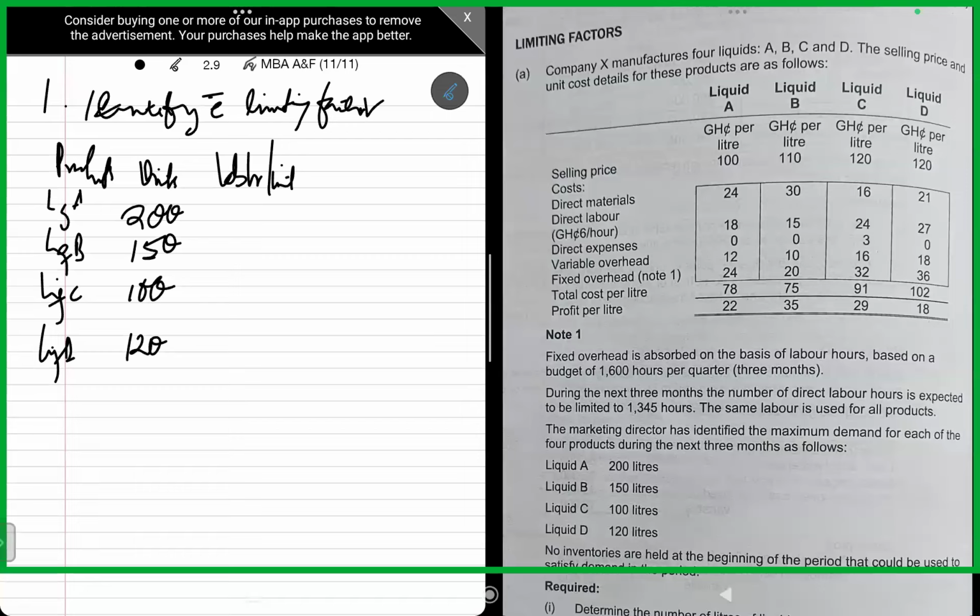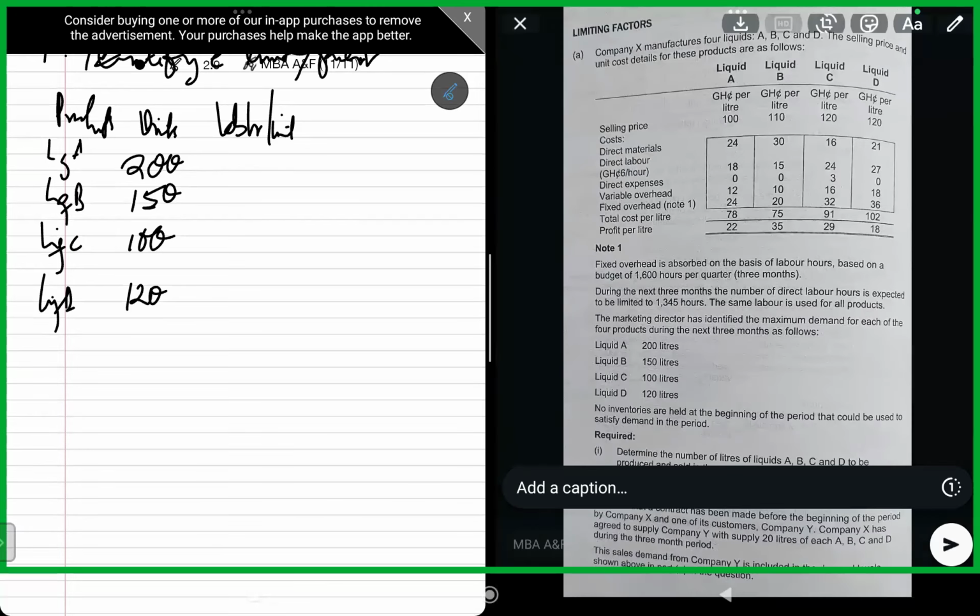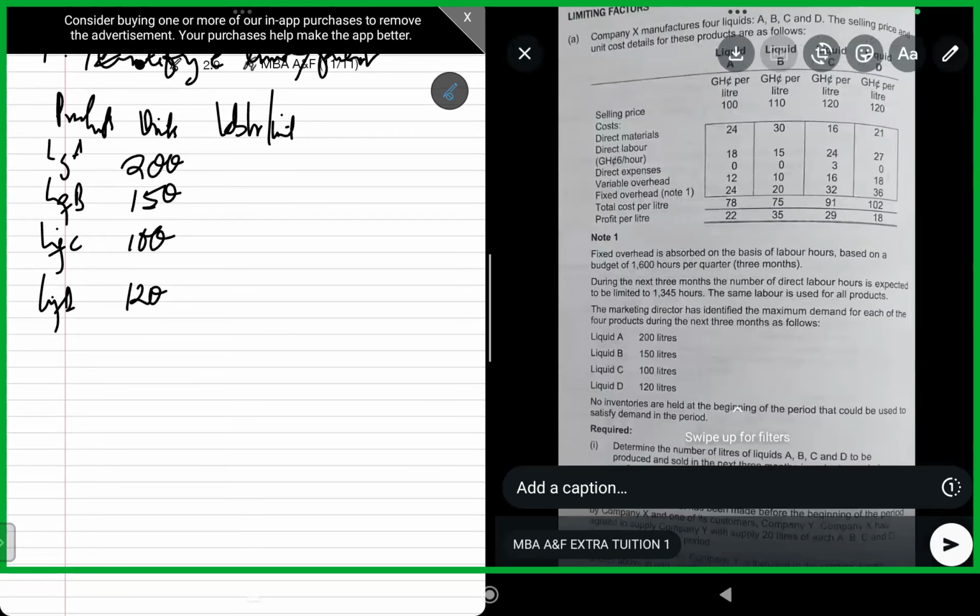It says that we need labor hour per unit, but the question says direct labor is 6 cedis per hour. The question has rather given us 6 cedis per hour. It has converted every figure here into monetary value.